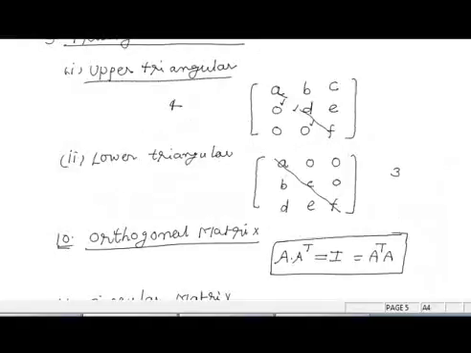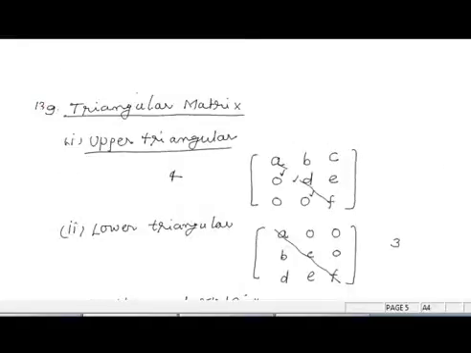Next type of matrix is Hermitian matrix. When Aij is equal to the complex conjugate of Aji, then the matrix is called the Hermitian matrix.